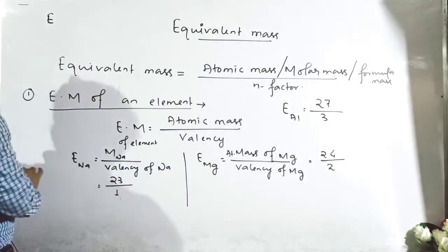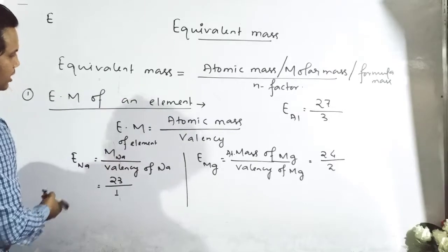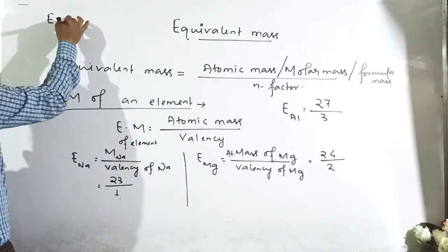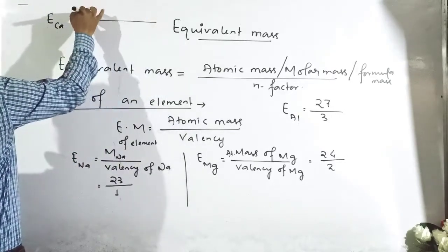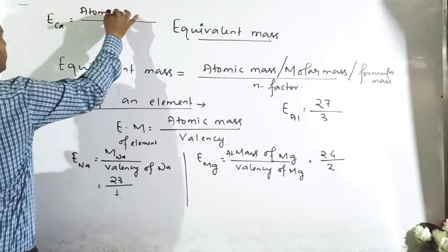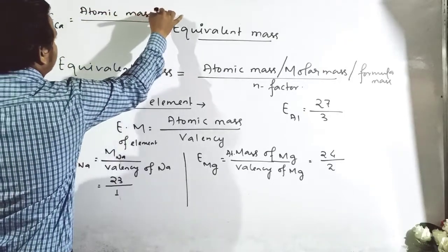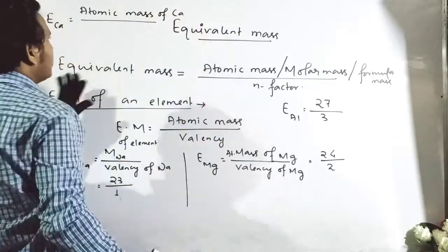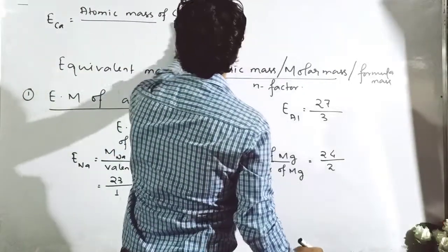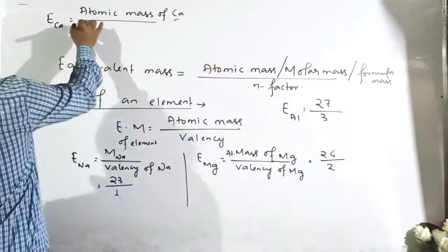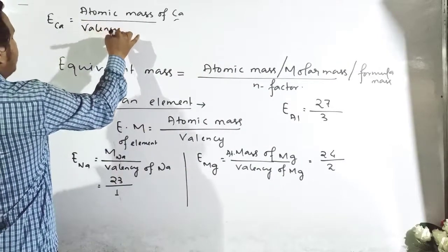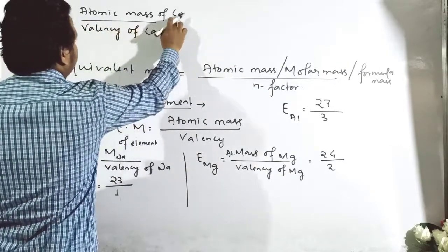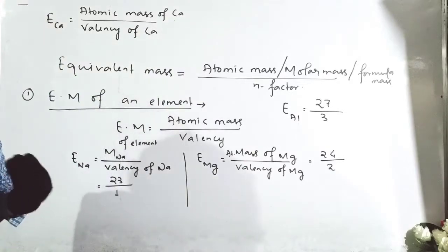Suppose any element we have taken, suppose calcium. What will be the formula? Atomic mass of calcium divided by valency of calcium. What is the atomic mass of calcium?